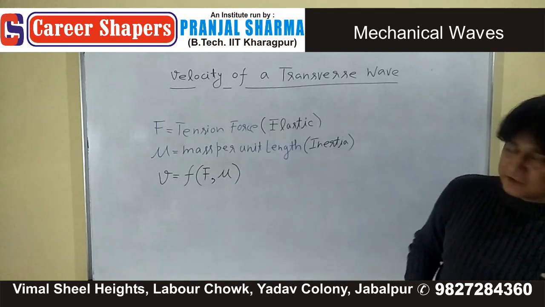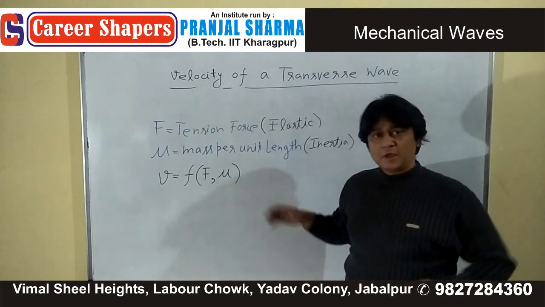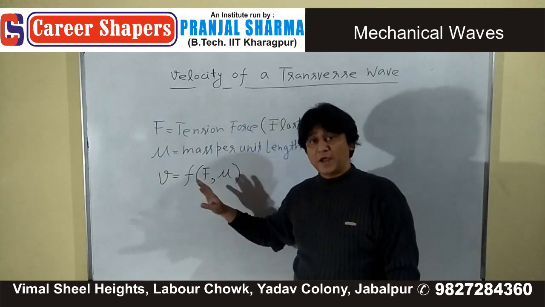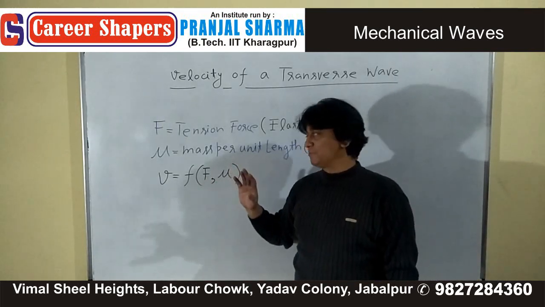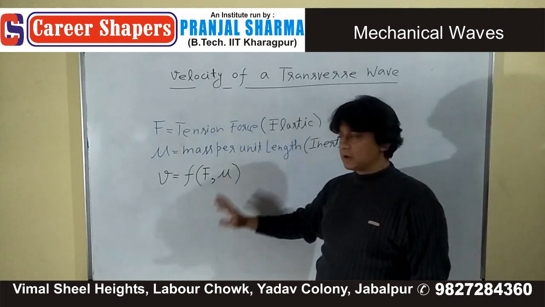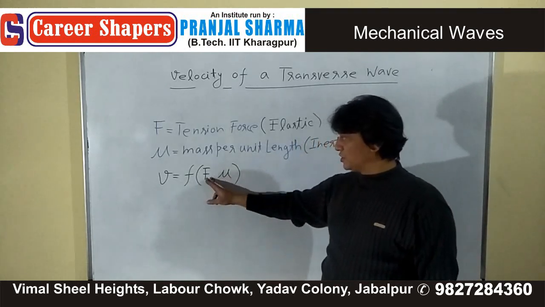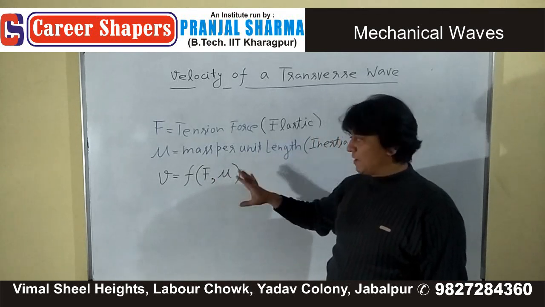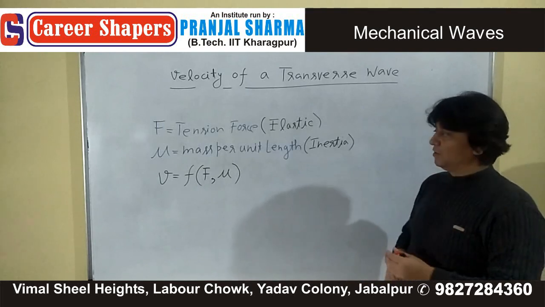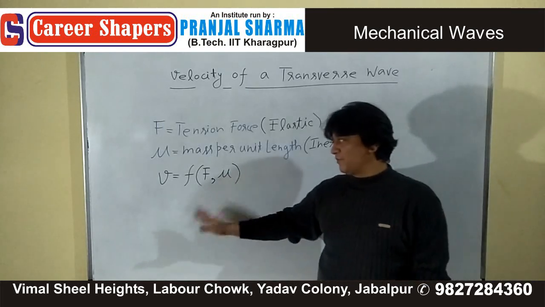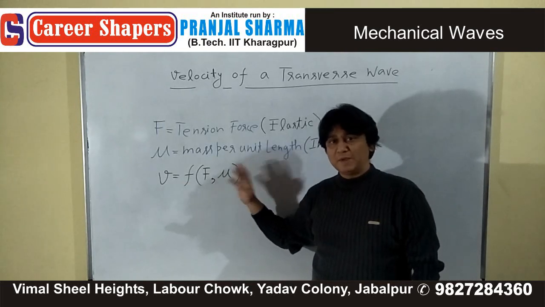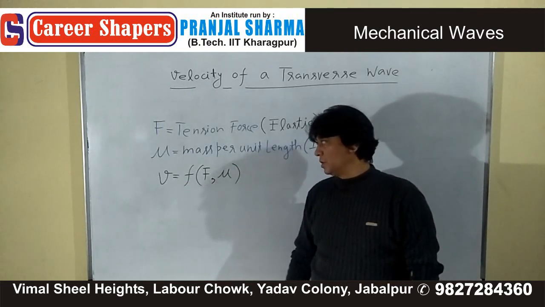We are not interested in the basic fundamental method for V. Again, if somebody is interested, just let me know. I will tell you how we get V as a function of F and mu. Right now, we are interested in the school level part, and in that school level part, we will find V with the help of a dimensional approach.